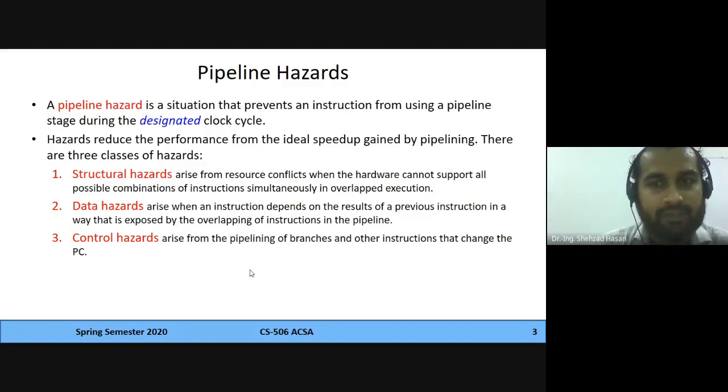The instruction which has been stopped is obviously going to lose cycles, so it's not going to start from its right cycle. That's what we call a structural hazard. If the hardware cannot support your pipeline behavior, that you can start a new instruction from a new cycle, then we call that a structural hazard.